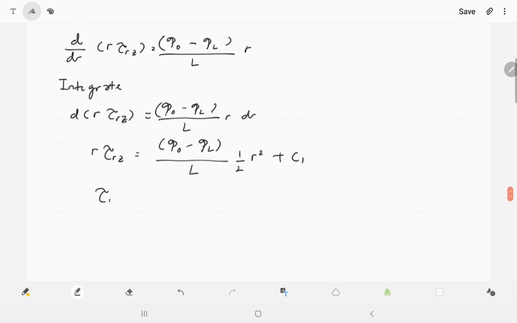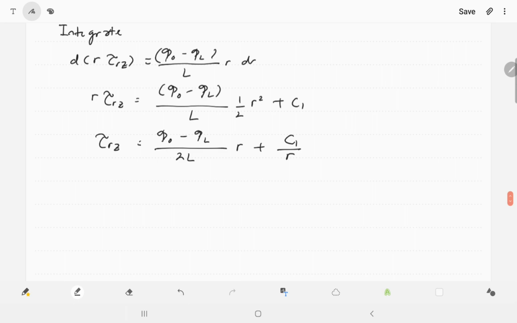Then your tau rz will be equal to p naught minus pl divided by 2l, r, plus C1 divided by r.